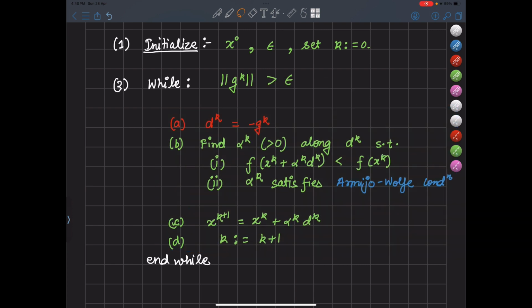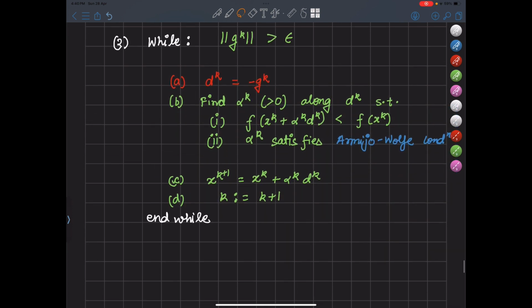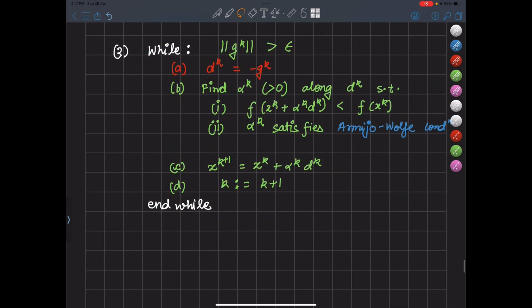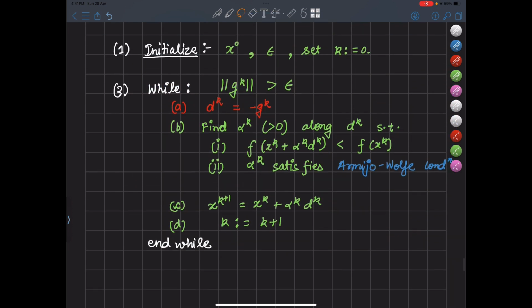Yeah. So this is how the loop works. We first initialize, then run the loop in which we first select dk according to the steepest descent direction, and then choose alpha k through the Armijo Wolfe condition, and that's it.